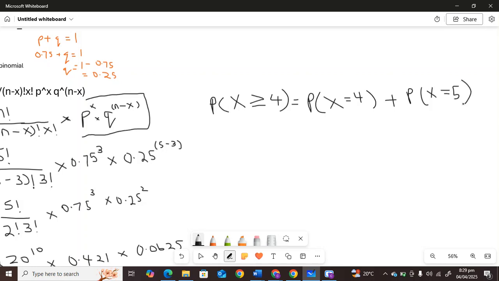Are we okay with this? So again, we have to find these probabilities individually so that then we total them up. Okay. So back to the formula here.